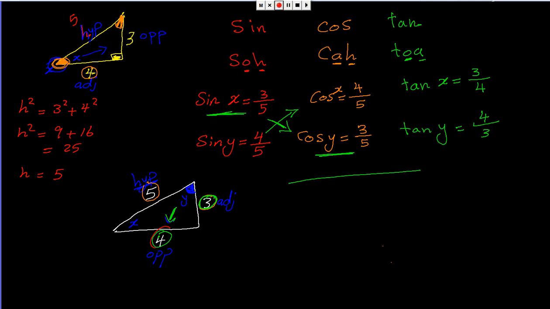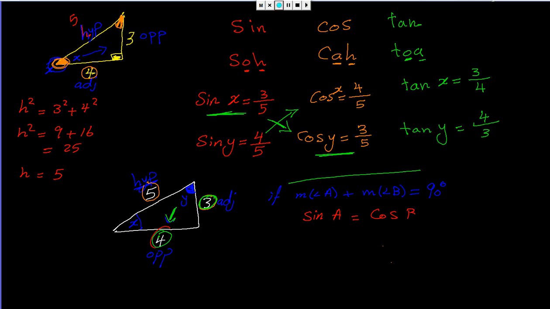Then we can say, for any two angles A and B, X and Y, Z and F, whatever, if measure angle A plus measure angle B equals 90 degrees, like here, measure angle X plus measure angle Y equals 90 degrees, then sine angle A equals cosine angle B, and vice versa.